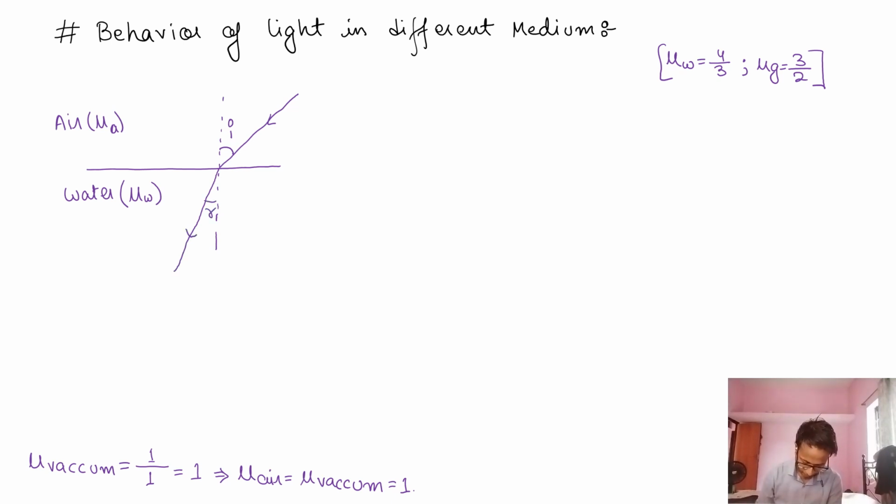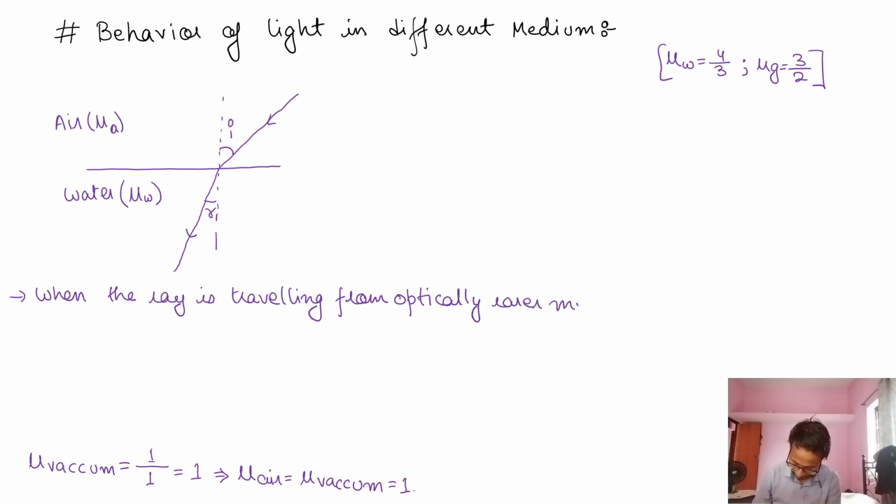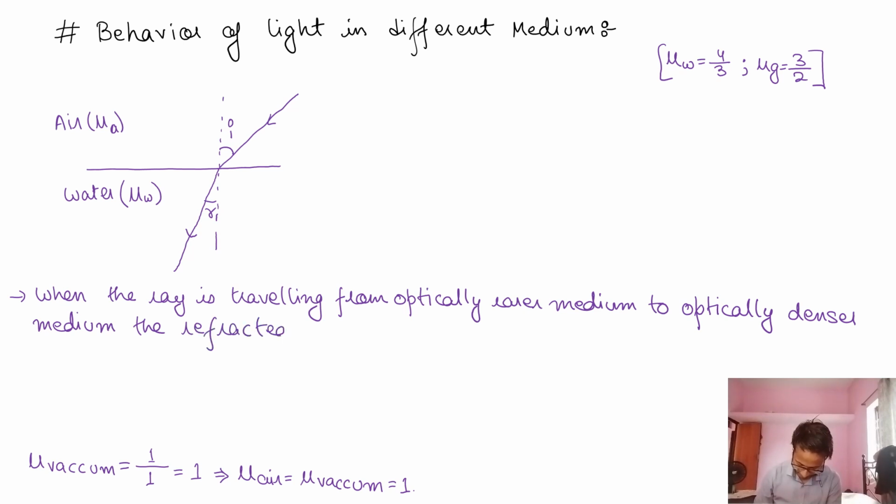That means when the ray is traveling from optically rarer medium to optically denser medium, the refracted ray bends towards the normal.